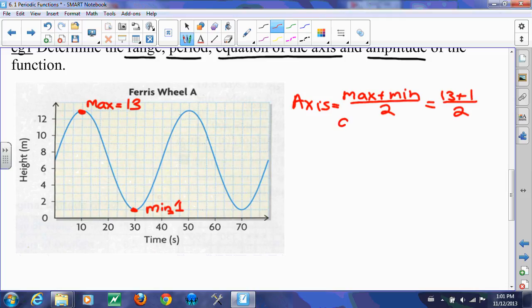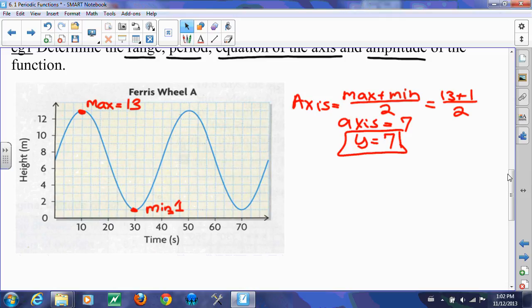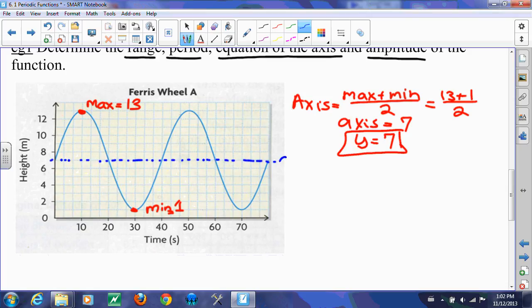So the axis is going to equal 7, and you're going to say y equals 7. Once we've got our axis, we can draw in our axis here. Notice it's at 7, so that's where we get that from.